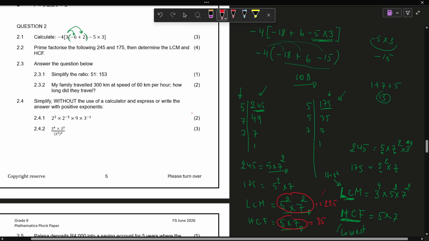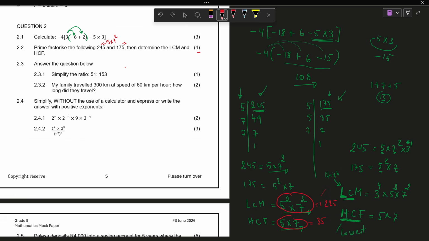So our answer here. The reason why you get 4 marks here is because you first have to find the prime factors of the first number, 245, which is 5 times 7 squared. And then you also need to find the prime factors of the second number, because some learners don't really show the prime factors of these numbers. That is why they lose marks.